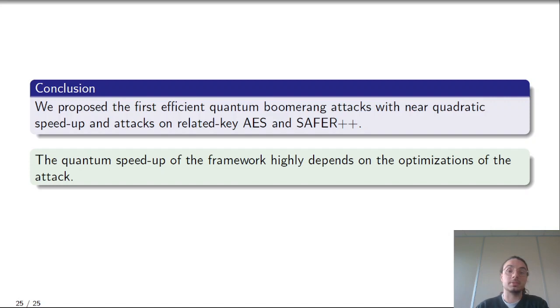But on the attacks on practical ciphers, the quantum speedup was highly dependent on how the attacks were optimized, and this is why we got results that were not near the quadratic speedup that is the theoretical one.